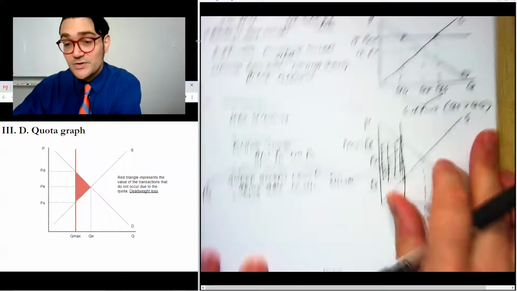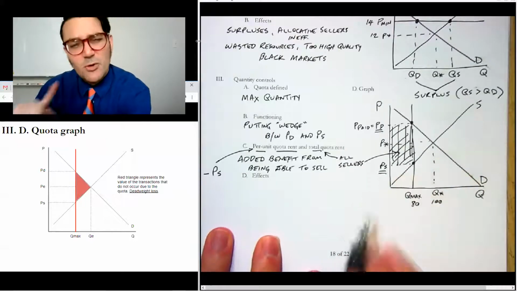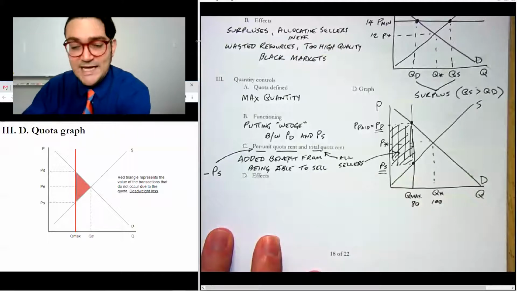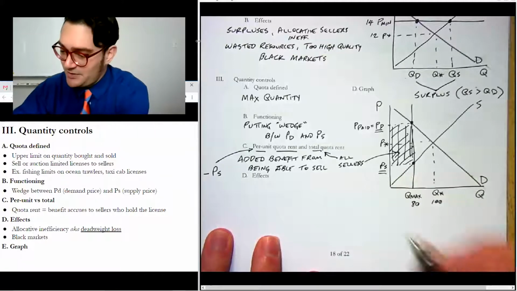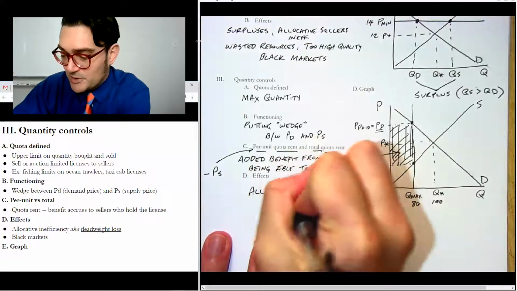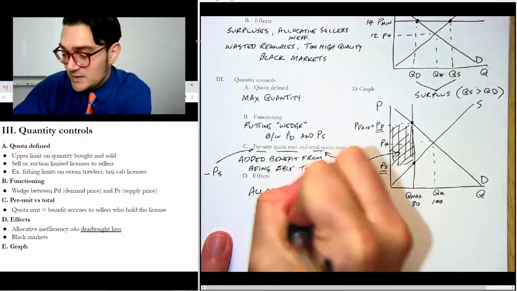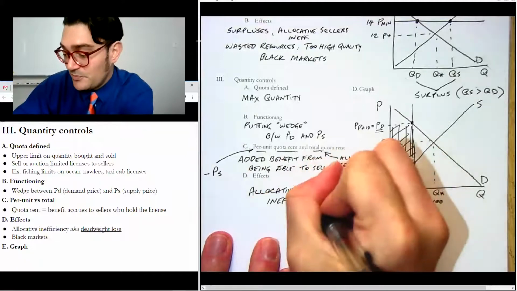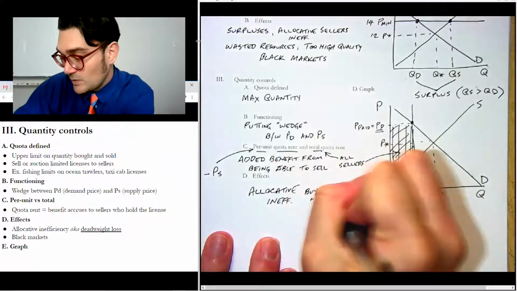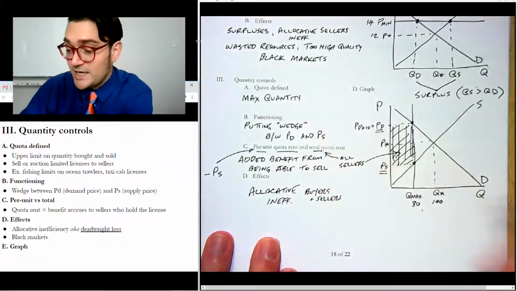So you can see how certain sellers would be really excited. Now, certain sellers would not be, right? There would also be some sad sellers. And there's the idea there of allocative inefficiency. We'll talk about that. In these cases, it's allocatively inefficient for both buyers and sellers, because some sellers are not going to be able to sell.